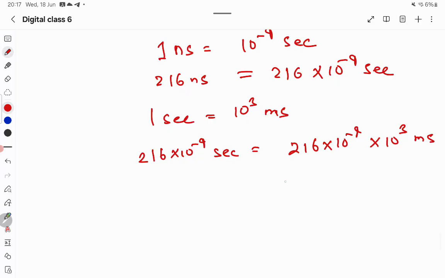So this will be equal to 216 into 10 to the power minus 6 milliseconds. So this is your answer.